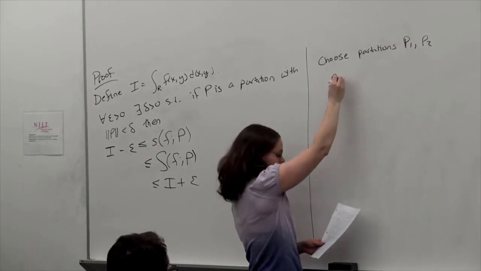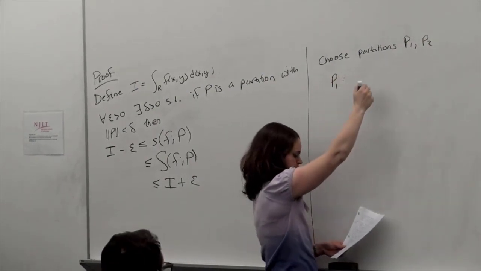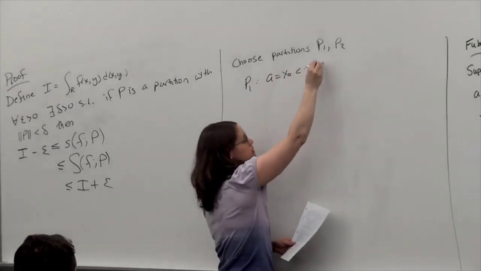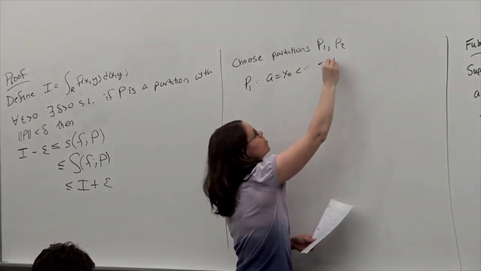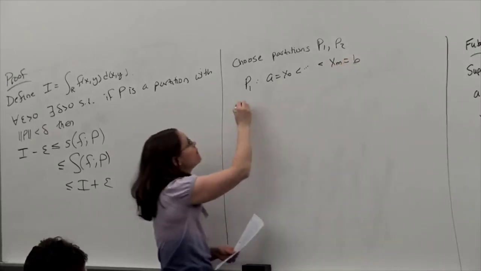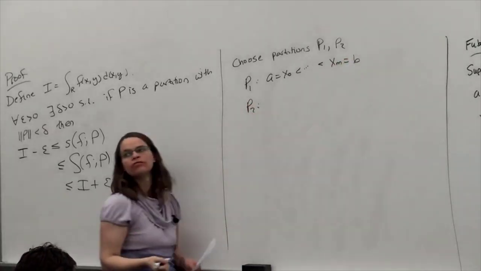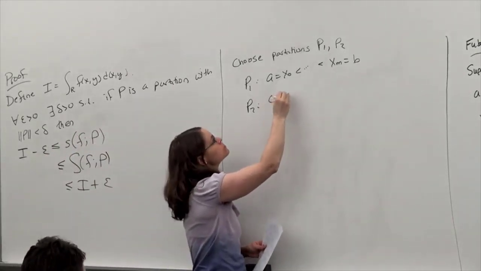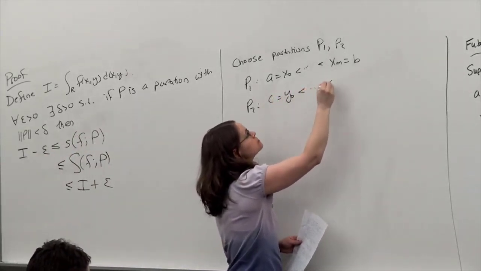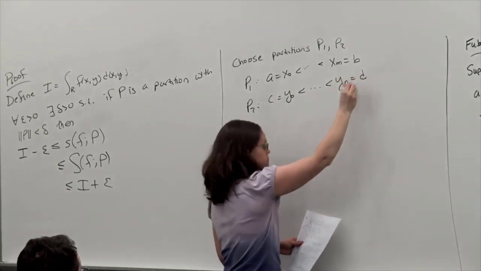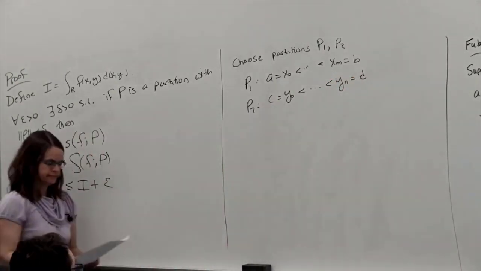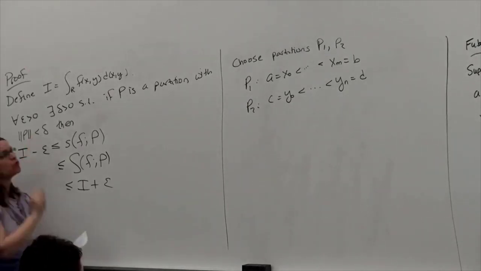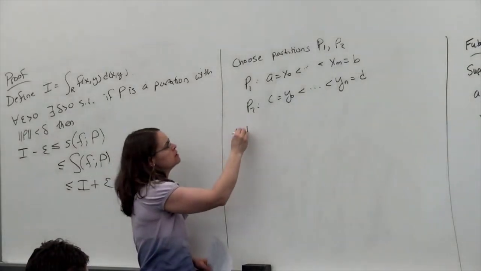So P1 has this form of, it starts at A and ends at B, and P2 starts at C and ends at D. And of course, we'll choose them to have norm less than delta.